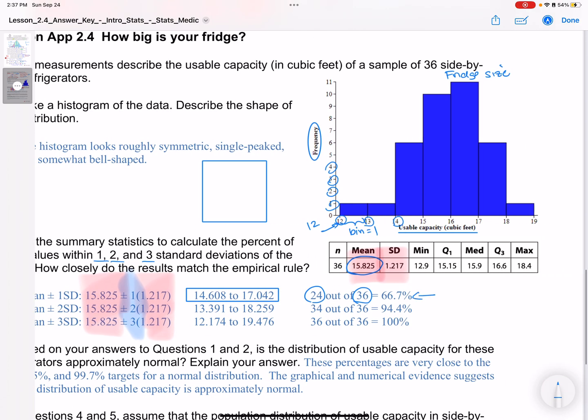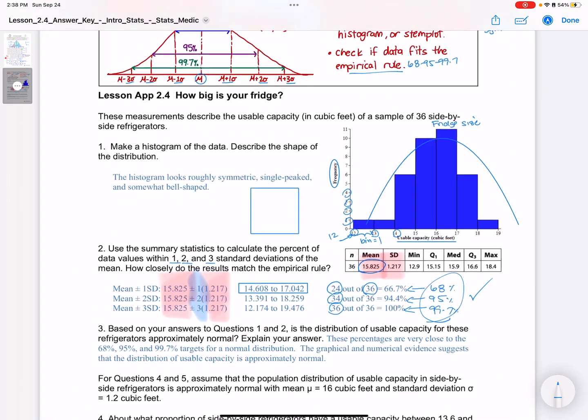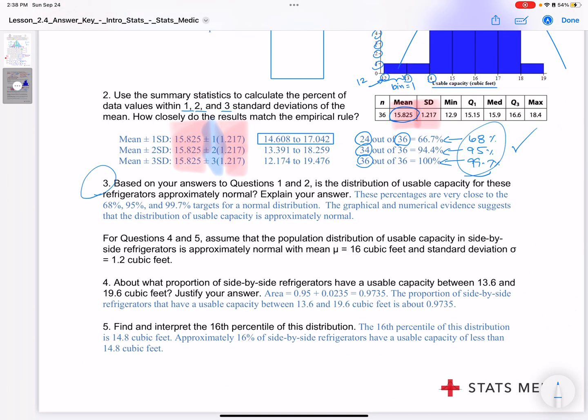And I get 66.7%. I do the same thing for 2 and 3 standard deviations, and these are the results I get. Because it's really close to my 68, 95, and 99.7%, and it's unimodal and pretty symmetric (symmetric just means, hey, I throw a blanket over it and it looks about right), we can say that yes, this is indeed normal, because it fits this rule. And that's what I did for 3.